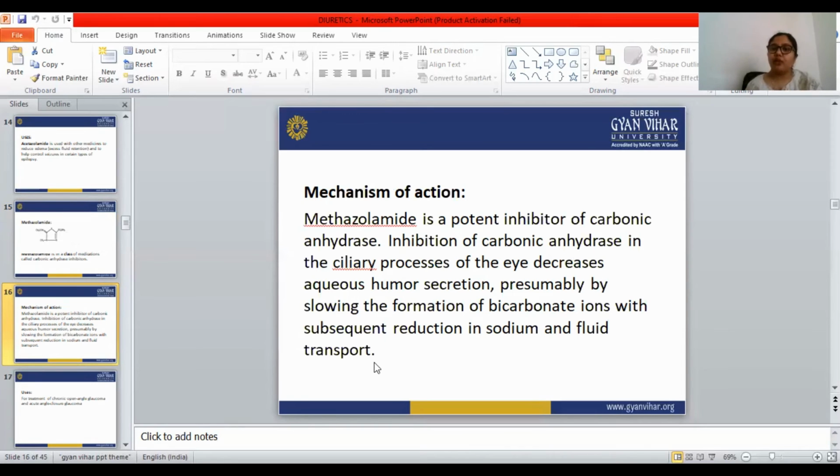Methazolamide is a potent inhibitor of the carbonic anhydrase enzyme, and because of that inhibition, in the ciliary process of the eye it decreases aqueous humor secretion, by slowing the formation of bicarbonate ions with subsequent reduction in sodium and fluid transport. So this is the mechanism of action of methazolamide.